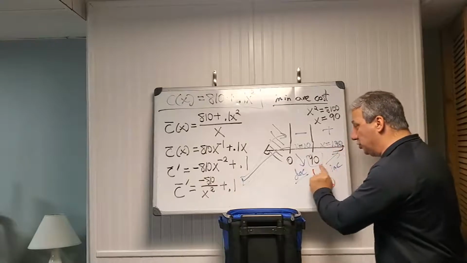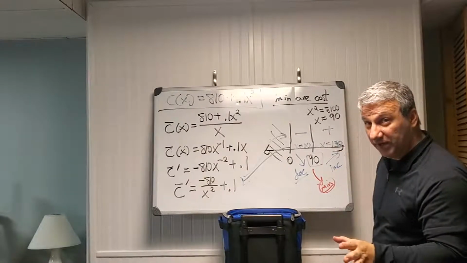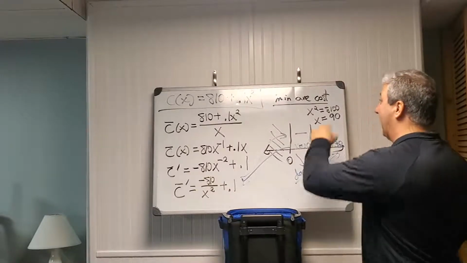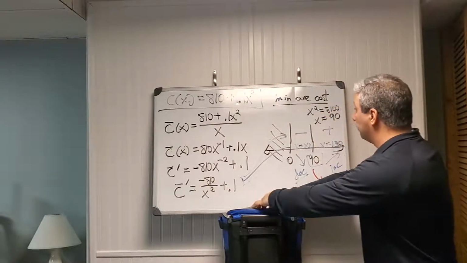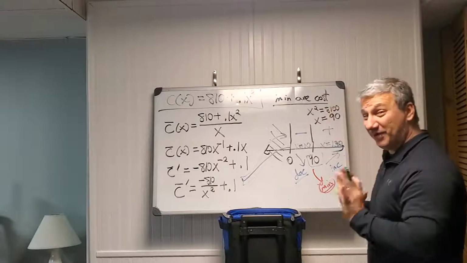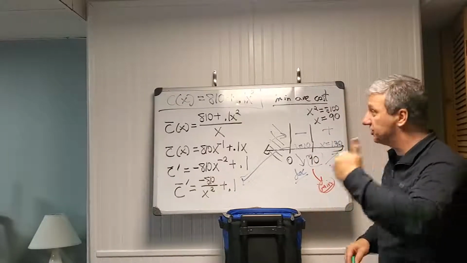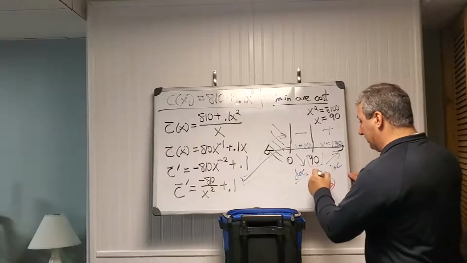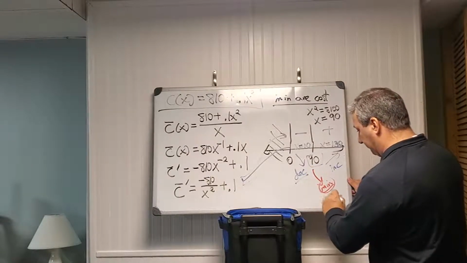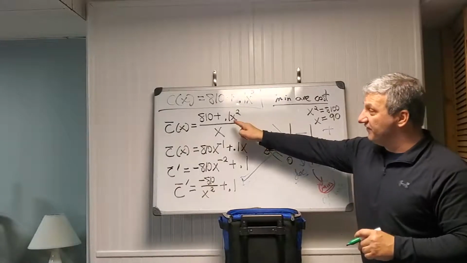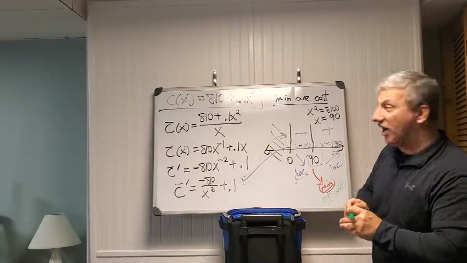At 90 units, please answer your question carefully. If it wants the units, it's 90 units. If it wants the average cost, and I guess that's what I'm looking for here, huh? Average cost. I'm not done yet. This is the units. This is how many units I need to produce or sell or whatever we're doing here. 90 units is the x. You need to plug back into the function to find your average cost, right?